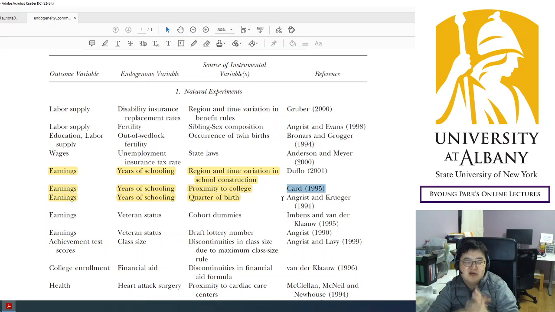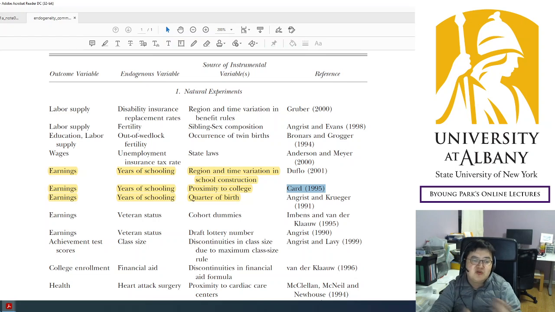So if you agree with that, then this is an interesting instrument. But at the same time, you may argue the opposite. Usually those who live around the college may be more highly educated, maybe their parents are professional people, like professors or doctors, so they live quite close to their college.